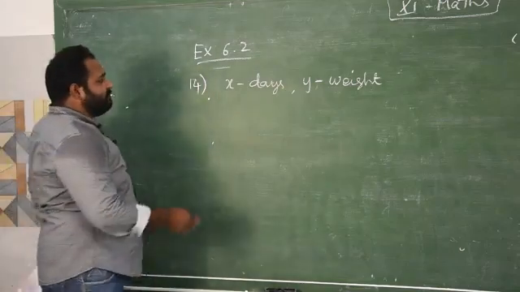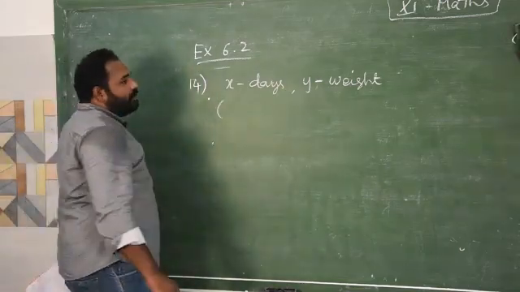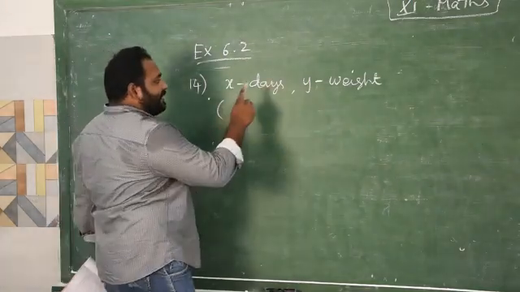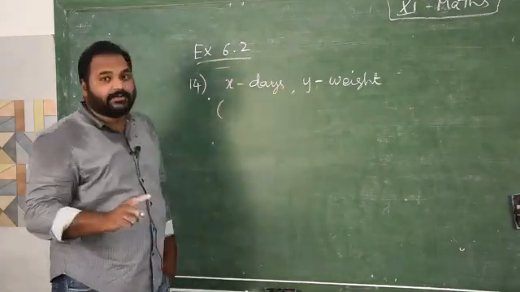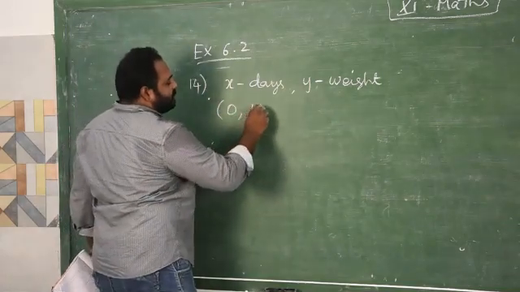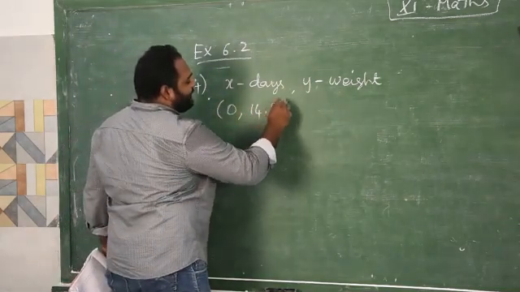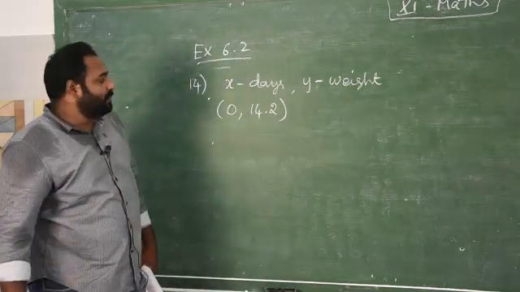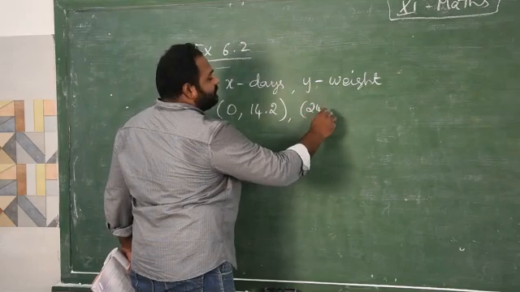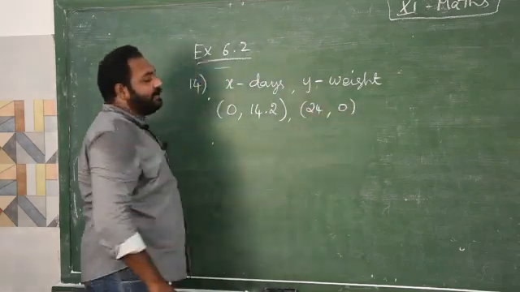So what information is given? When 0 days, what is the weight of the gas? The quantity of gas in the cylinder is 14.2. So when 0 days, the quantity of gas is 14.2 kg. After 24 days, the cylinder will be empty.